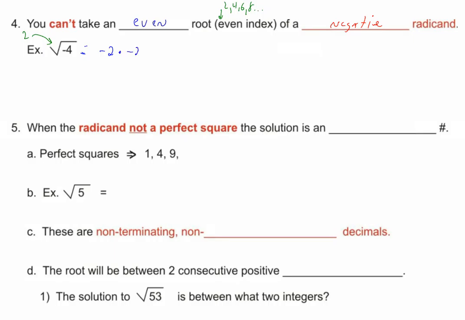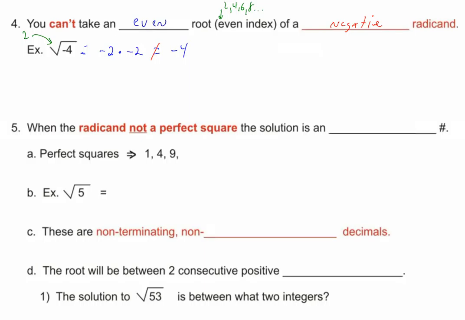Negative 2 times negative 2, correct? The thing times itself 2 times. Isn't that a square root? And what is that supposed to equal? What's the radicand? It's supposed to equal negative 4. Does it? It doesn't. And therefore, negative 2 is not an answer.